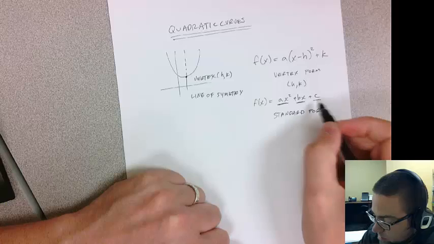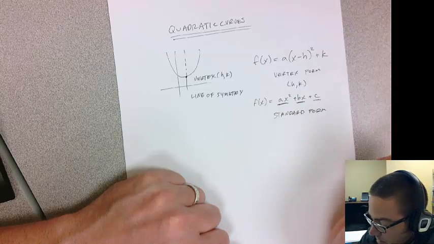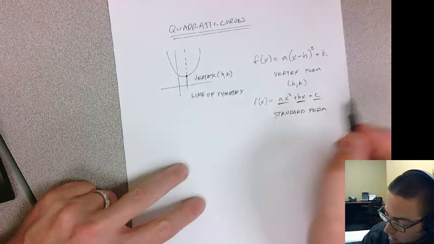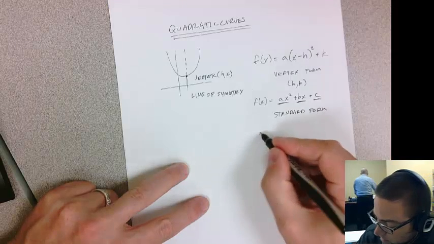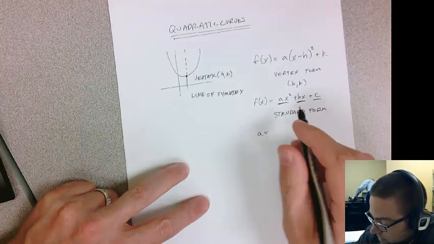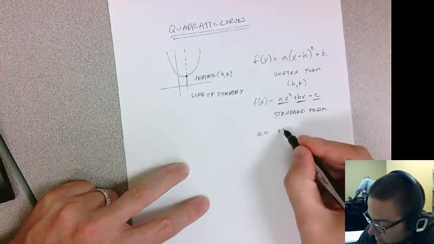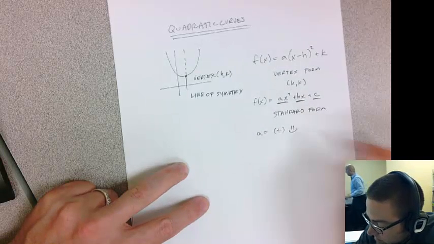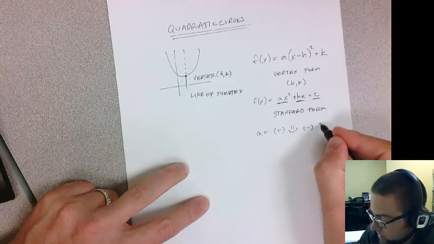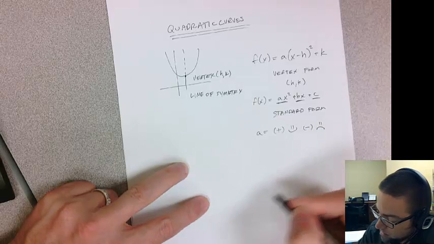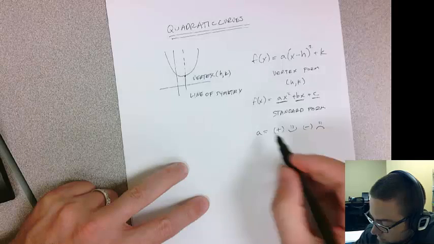Okay, so it's just a number by itself with no x attached to it. What these tell you, so a tells you whether it's going to go curving up or down. So it's like positive is a smile, and negative is a frown. And so you can tell the curvature that way.